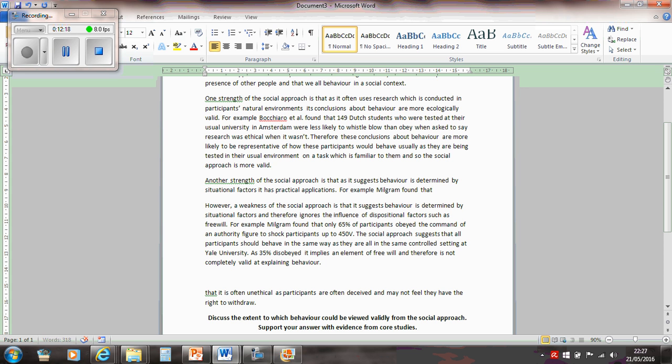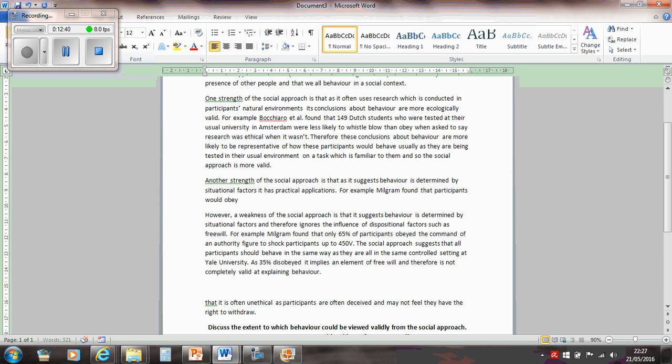Milgram found that participants would obey an authority figure up to 300 volts, and that all 40 participants would obey an authority figure up to 300 volts.